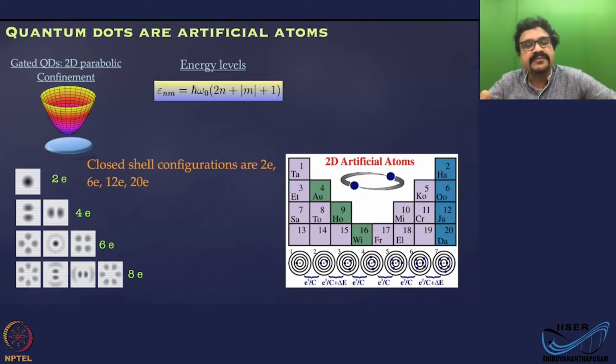In the few electron regime, they can obey some sort of shell-filling sequence for electrons. And this shell-filling sequence depends on the details of the confining potential that will depend on the design, gate voltages, and all other aspects, which we are not going to discuss in great detail now.